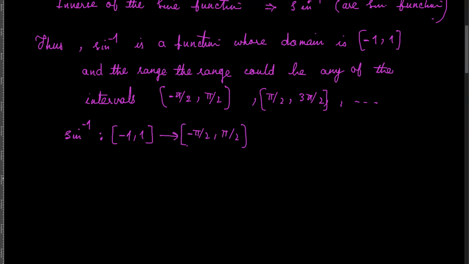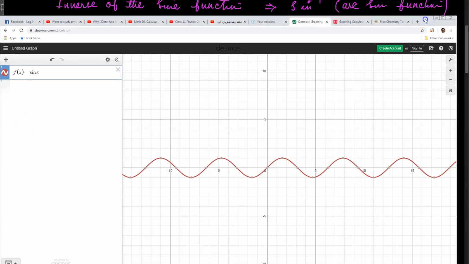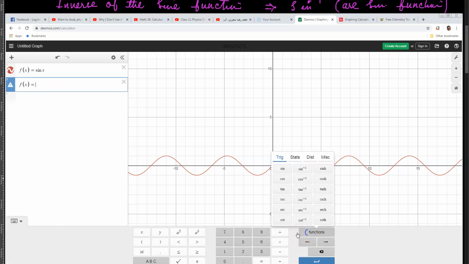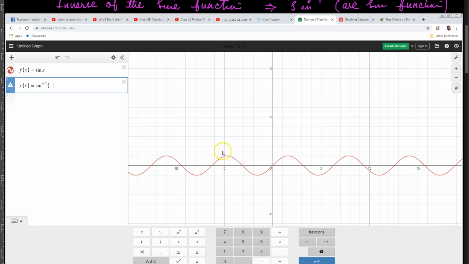Which gives me some function like this, meaning that I would have f(x) equal to the sine inverse of x.